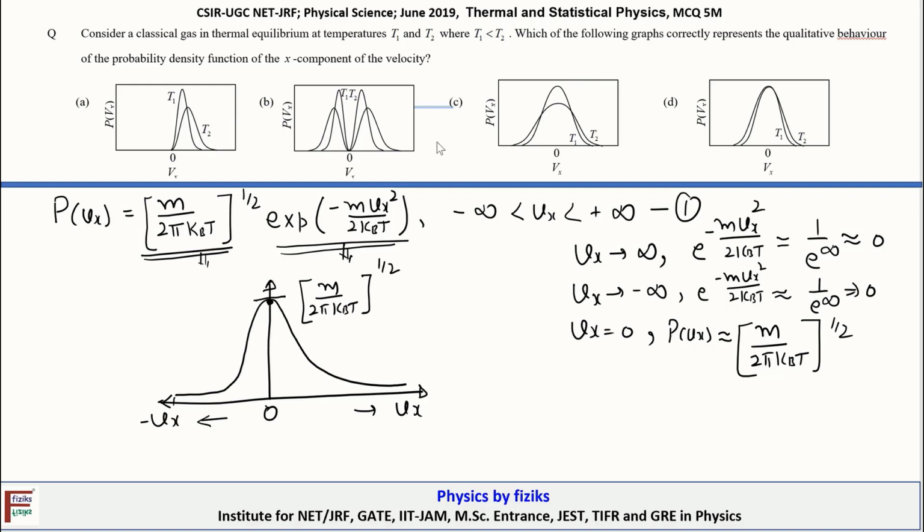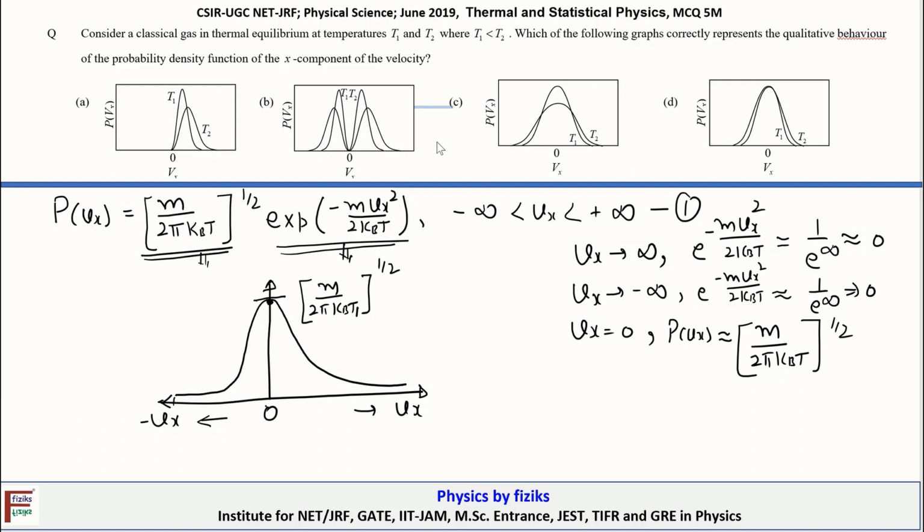Now suppose this is the value at temperature T1. Okay, and now we have to plot the same graph for another temperature T2, which is slightly higher than this value. So at Vx equal to 0, the value will be (m upon 2 pi kBT) power 1 by 2.